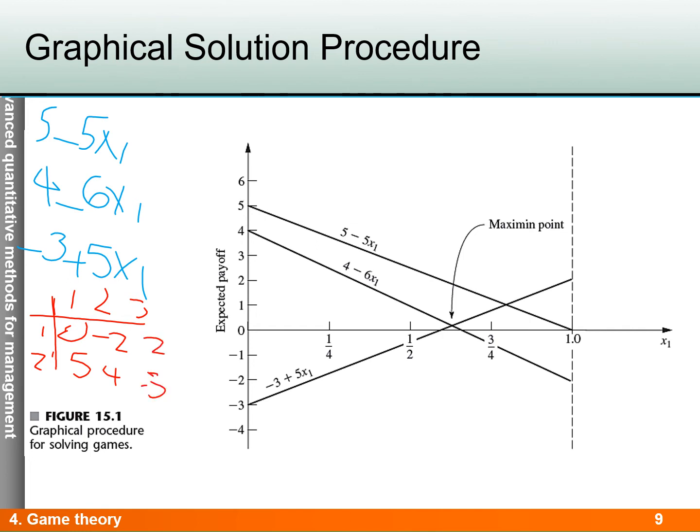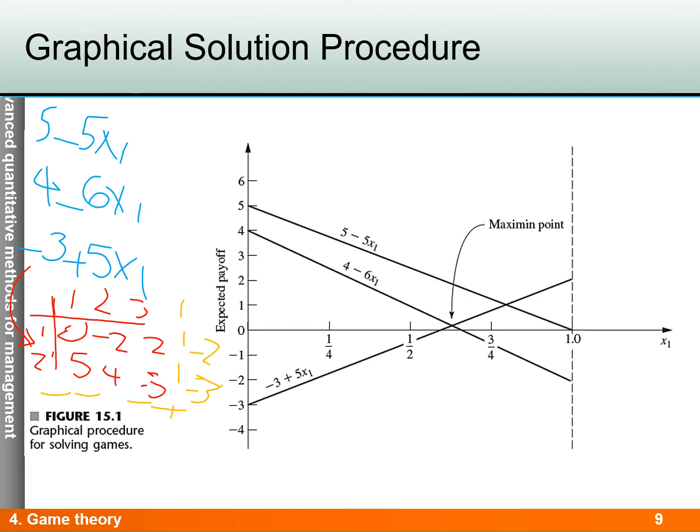So from the point of view of player one, we needed to find the minimum of each column: minus 2, 4, minus 3. So we always try to find the minimums.